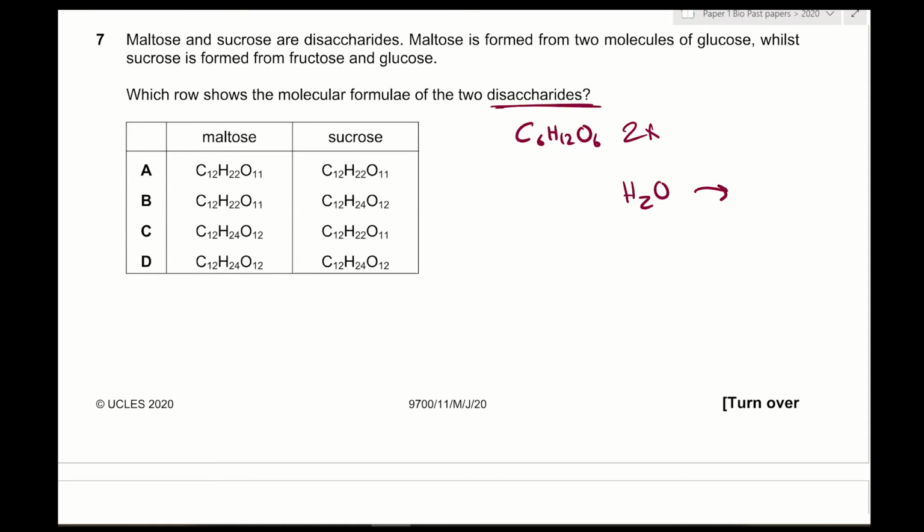So what we must do is multiply all these values by 2, which would give us C12, H24, and O12, and then subtract 2 hydrogens and 1 oxygen from the water molecule that was released in the condensation reaction. That's an easy way to remember the formula. Now, it's going to give us C12, H22, and O11. Therefore, the answer is going to be A.